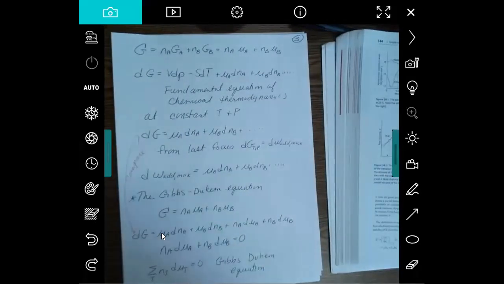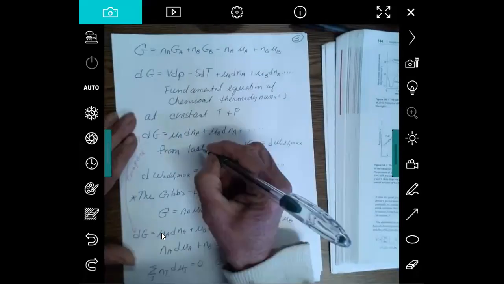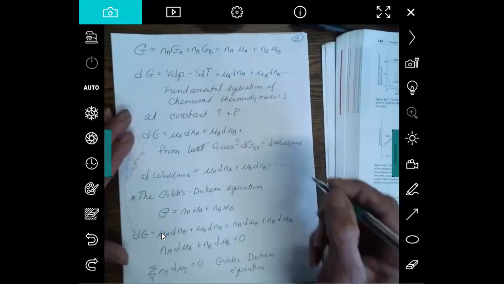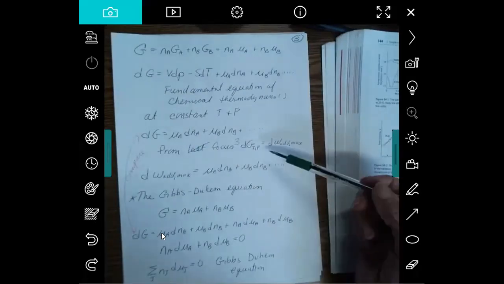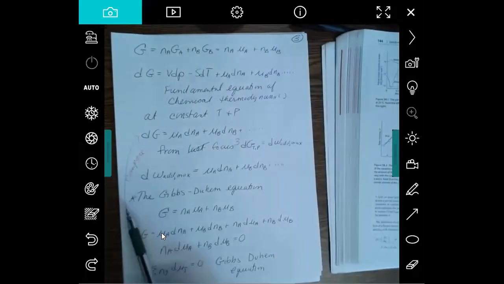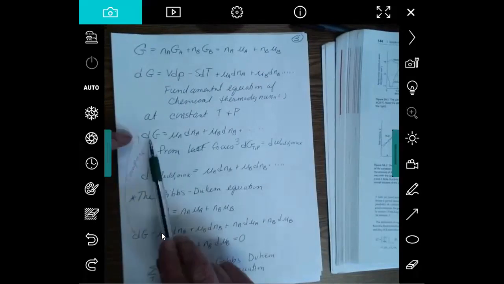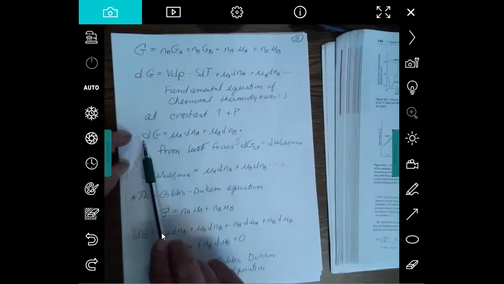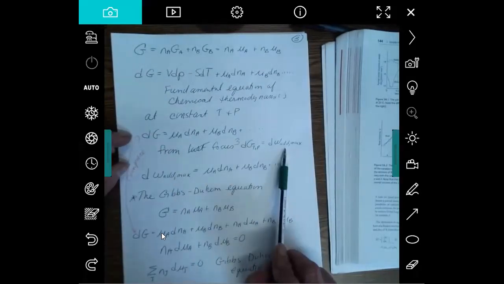So from focus 3, we saw that a change in Gibbs free energy at constant temperature and pressure was equal to the maximum amount of additional work, so maybe electrical work or any other kind of work besides PV work. And so that means this is equal to this, and this is also equal to this.